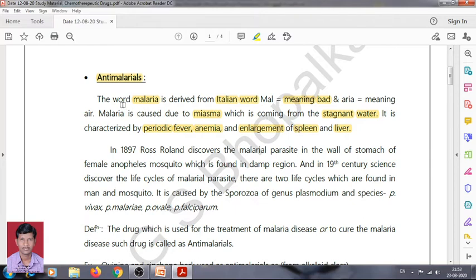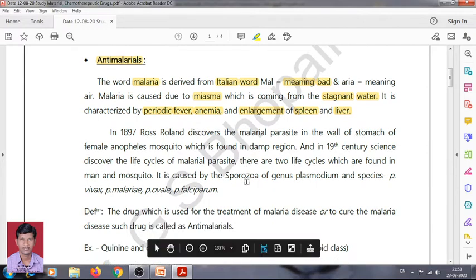This is the complete meaning of malaria: mal means bad and aria means air, so from bad air, the miasma comes from the stagnant water, and the patient suffers from all these salient features.